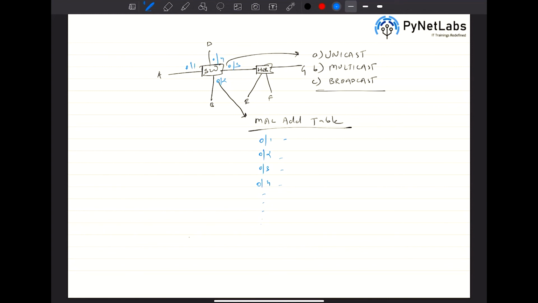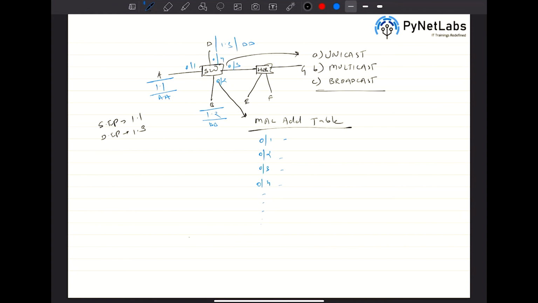That's how it works. So think of it in an approach where the switch is forwarding the data. A first sends the data to the switch. Now when the switch receives the data, let's assume the same scenario: A has an IP of 1.1, B has 1.2, and D has 1.3, where the MAC addresses are AAAA, BBBB, and DDDD. So the source IP address is 1.1 and the destination IP address is 1.3.